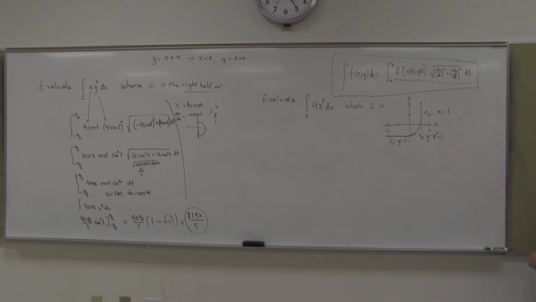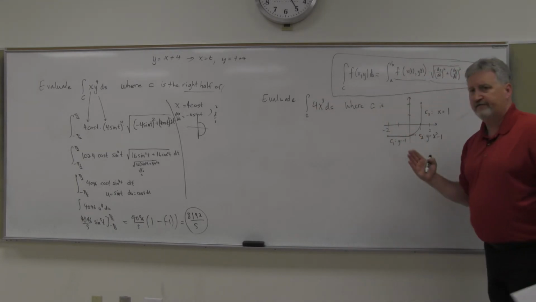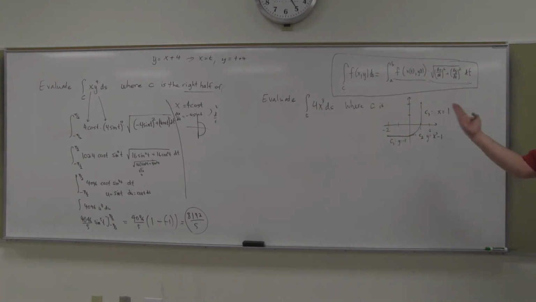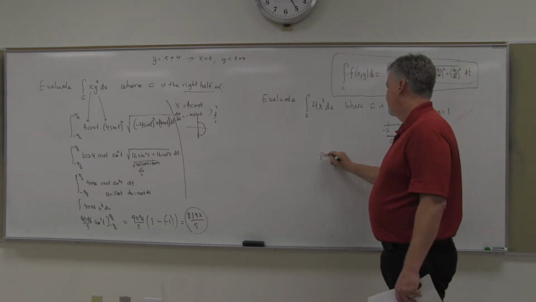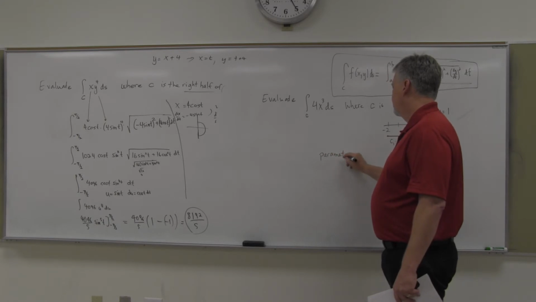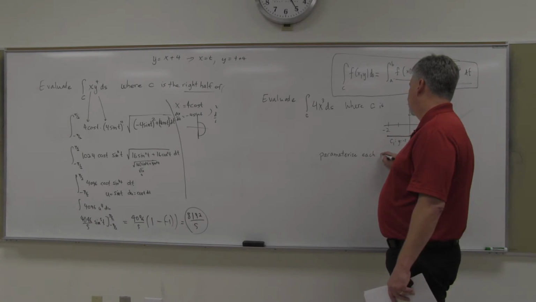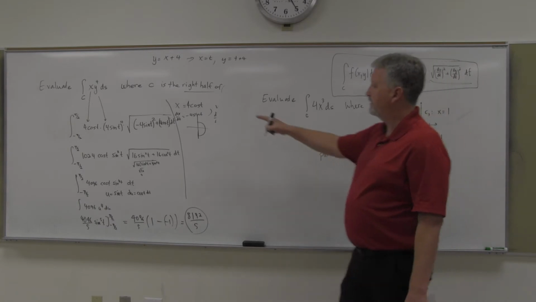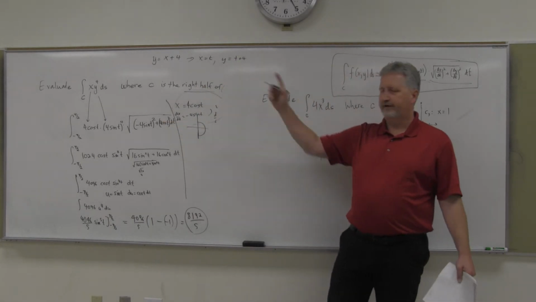Okay, well, again, the first step is you want to parameterize the curve. Well, in this case, we parameterize the curve by parameterizing each part. And over here, we just had to parameterize that one curve.